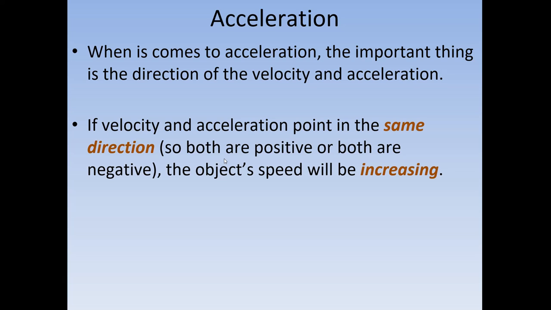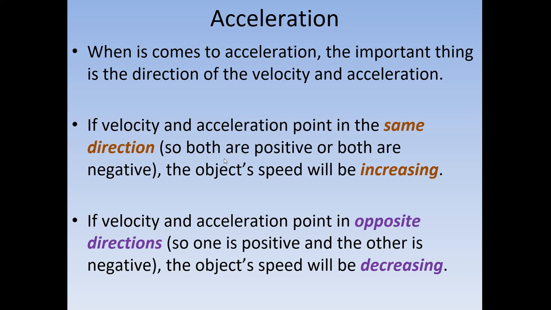If you are moving in a certain direction and then something's causing you to start to accelerate in that direction, like maybe someone pushes you, then all of a sudden your speed is going to start increasing. On the flip side, if the velocity and the acceleration are pointed in opposite directions, so one's pointed to the right, the other one's pointed to the left, then the object's speed will end up decreasing because of this.